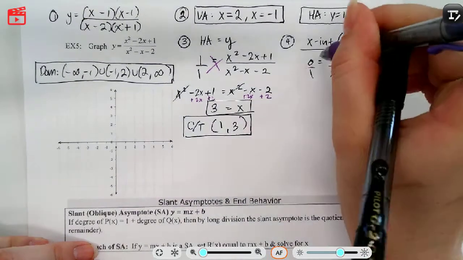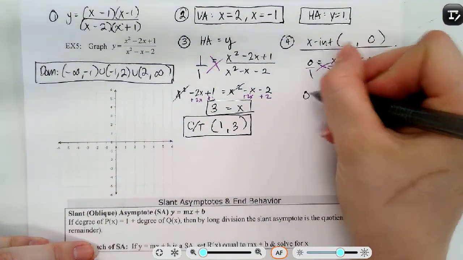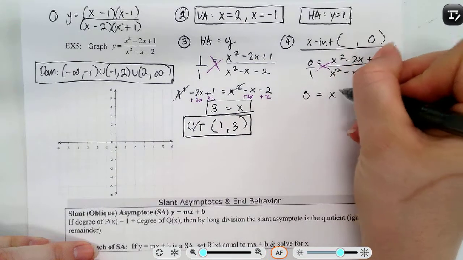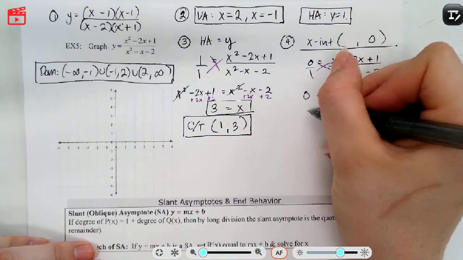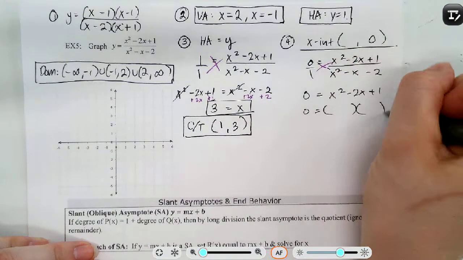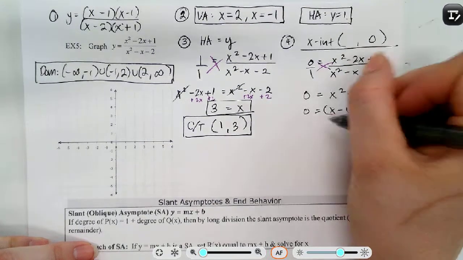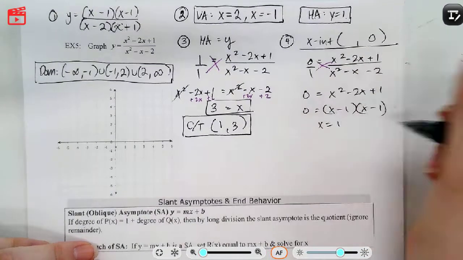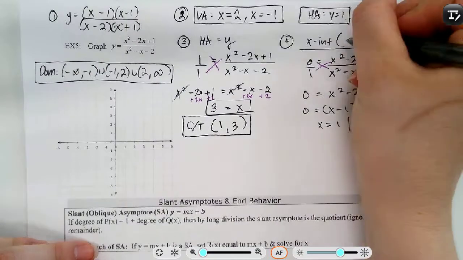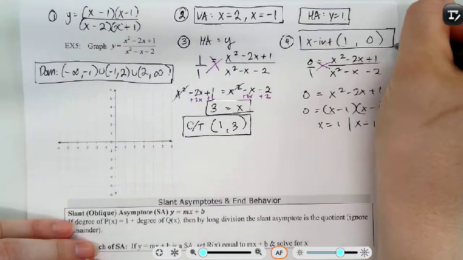Cross multiplying. Okay, let's factor. So x equals 1. That's my x-intercept.